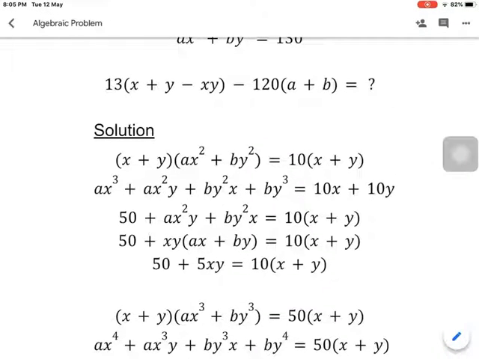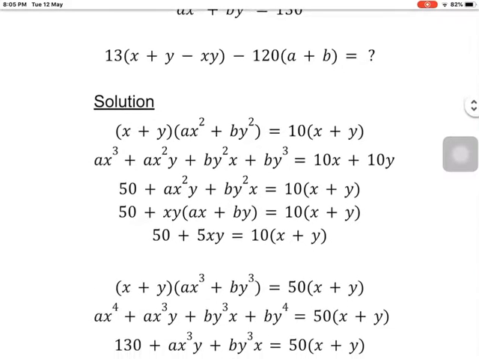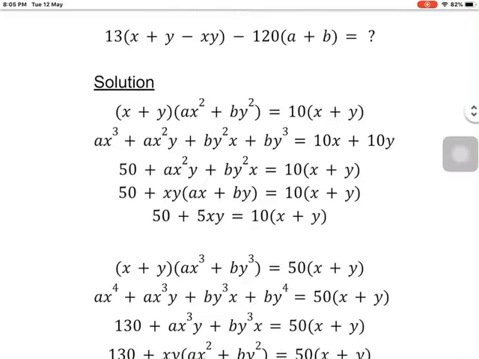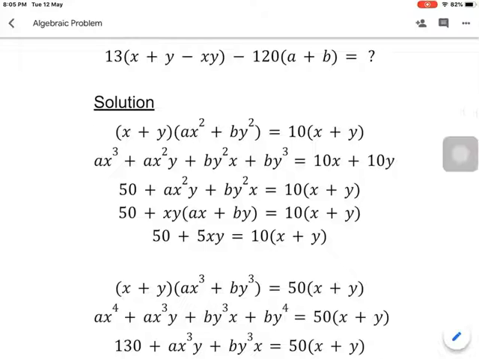But we already know that ax to the power 4 plus by to the power 4 is 130. So we substitute that and we get 130 plus ax cubed y plus by cubed x equals 50 times (x plus y). Now, again, similar to the first part, we factorize out common variables from the second and third terms.